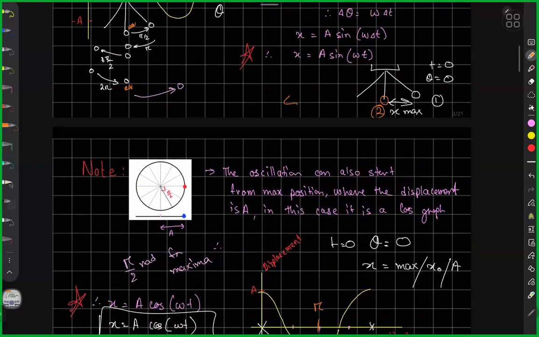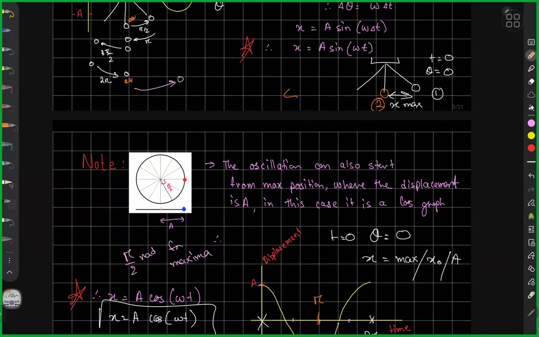Is it lagging? I hope not. Is my screen lagging, guys? Yes. It is.